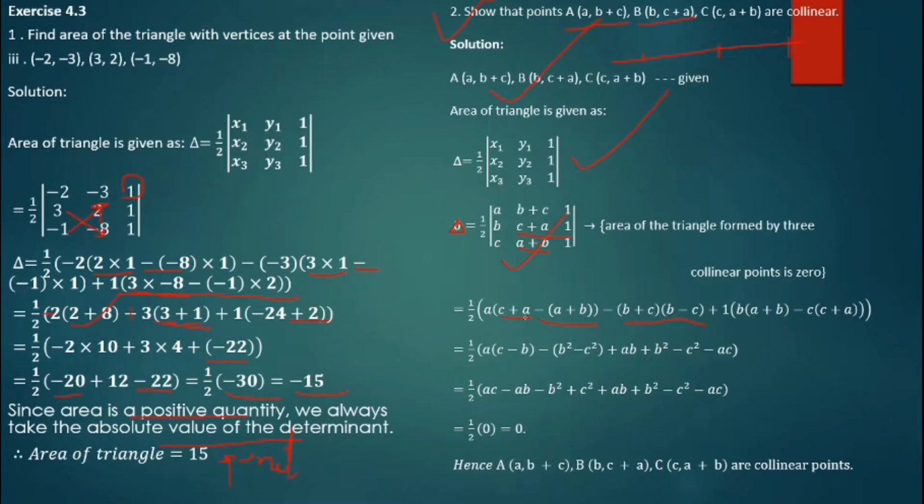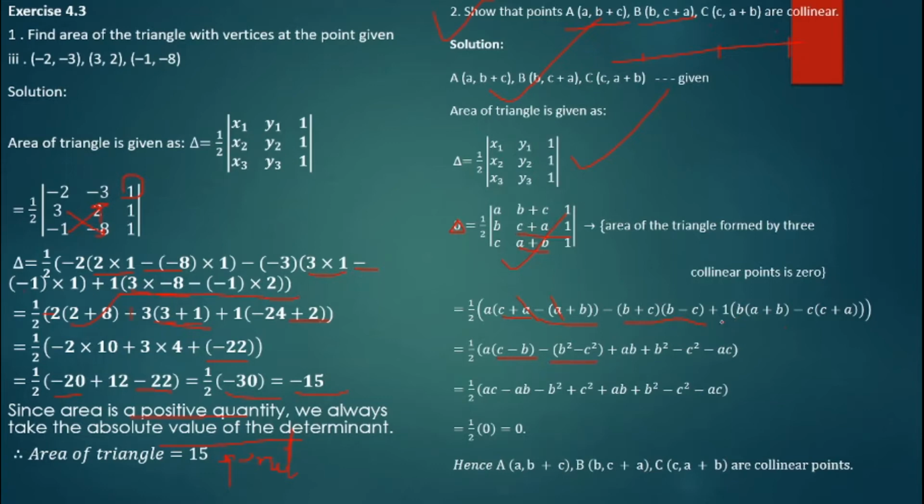So (C plus A minus B) minus C gives C minus B, minus (A plus B)(A minus B) form. By the algebraic identity, (A plus B)(A minus B) is A square minus B square. Here we have (B plus C)(B minus C), that is B square minus C square, plus.